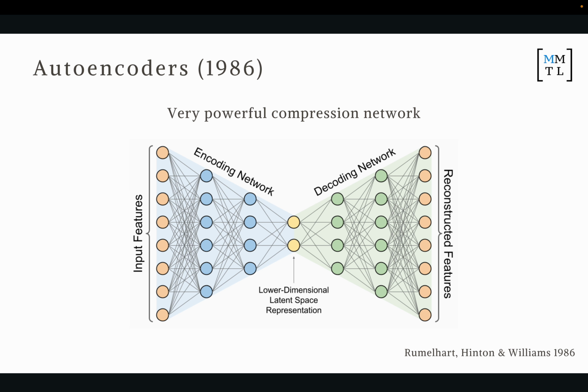Autoencoders. In 1986, Hinton again and colleagues created a very powerful compression network, whereby you have a multi-layer neural network where you bottleneck information at some point. So you have a lot of information here, and you compress it to the key features.